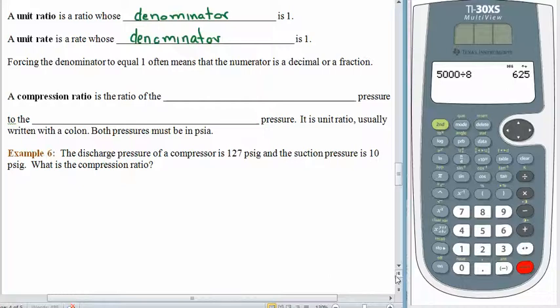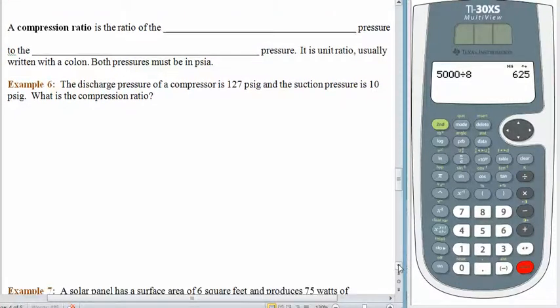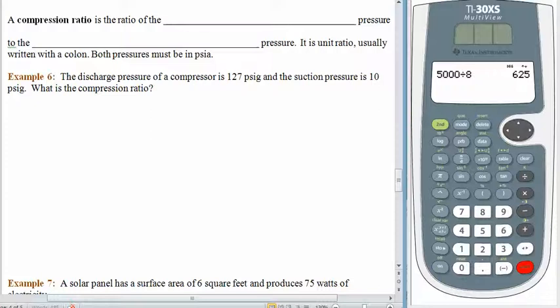A compression ratio is the ratio of the discharge pressure to the suction pressure, but both of these have to be measured in absolute terms. So let's write that down.